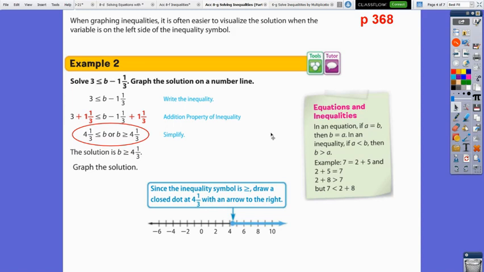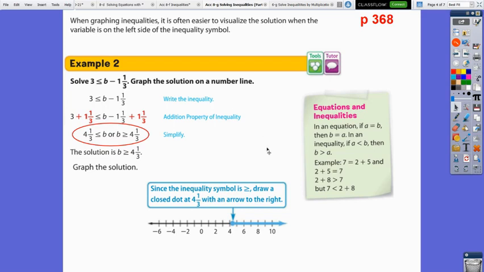It doesn't change the problem at all. But in an inequality, if you switch the left and right sides, you also have to flip the inequality symbol. The 3 is less than b minus 1 1/3. If you switch it around, then b minus 1 1/3 has to be greater than 3. Otherwise you completely change the problem.